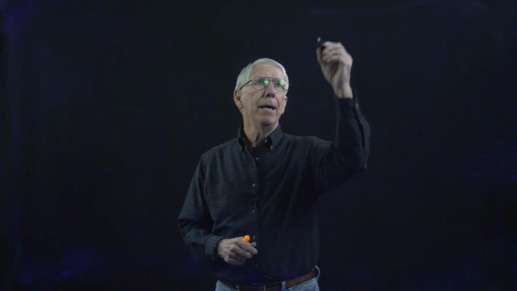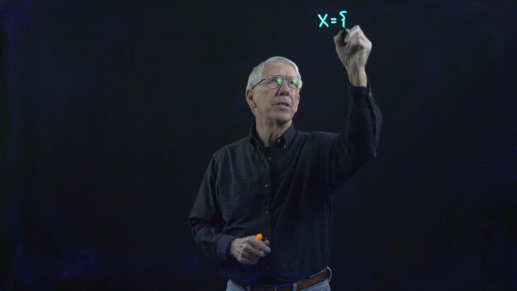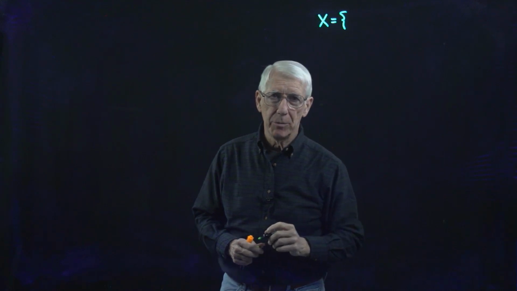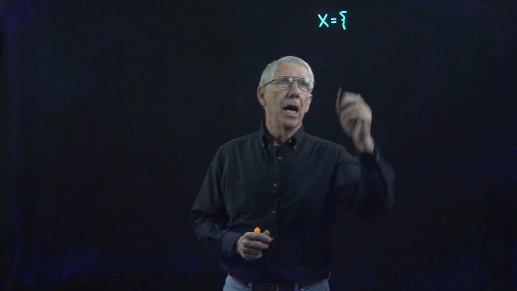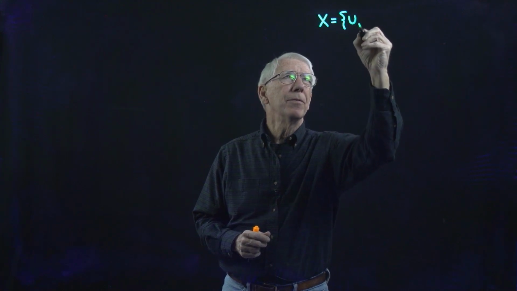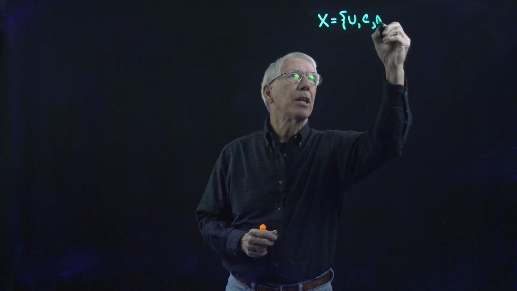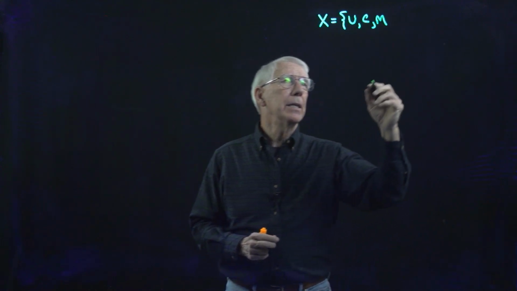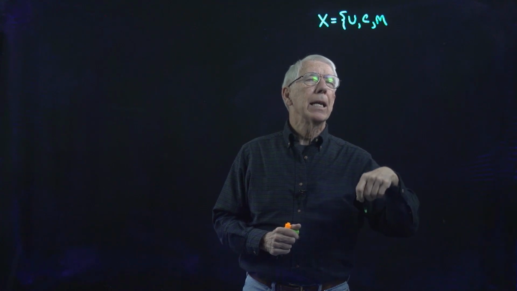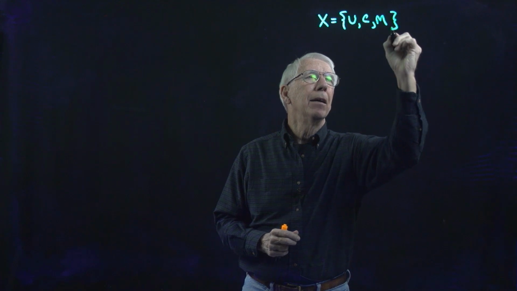So this example is going to be one in which I have two sets, x and y. x is going to consist of countries. I think I gave a similar example to this in our earlier lecture. And I'll use the US, China, and Mexico, and let's start off with just those three.